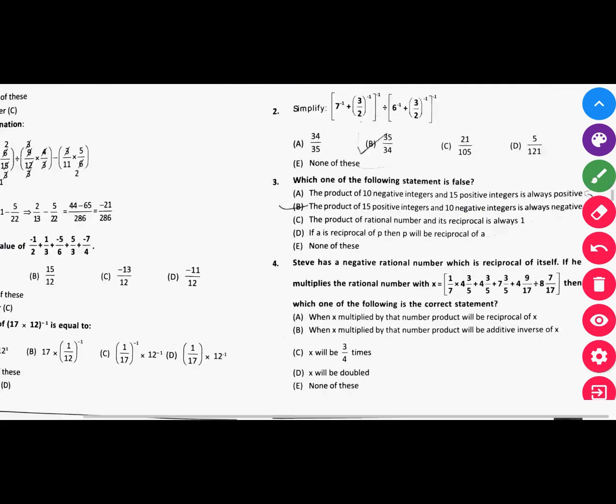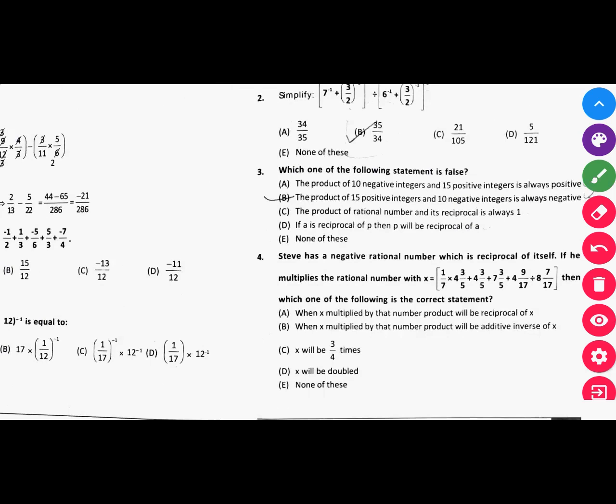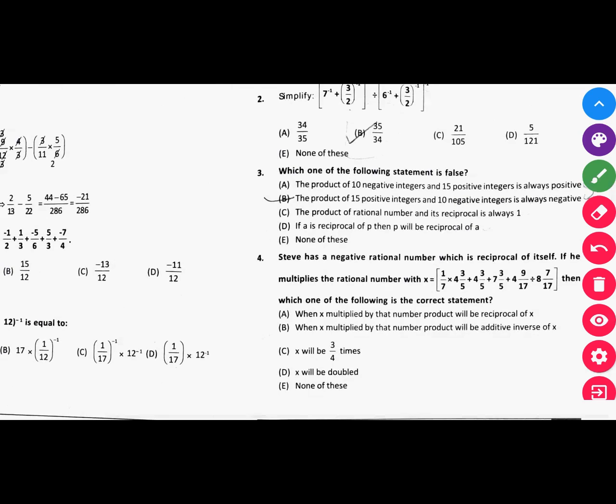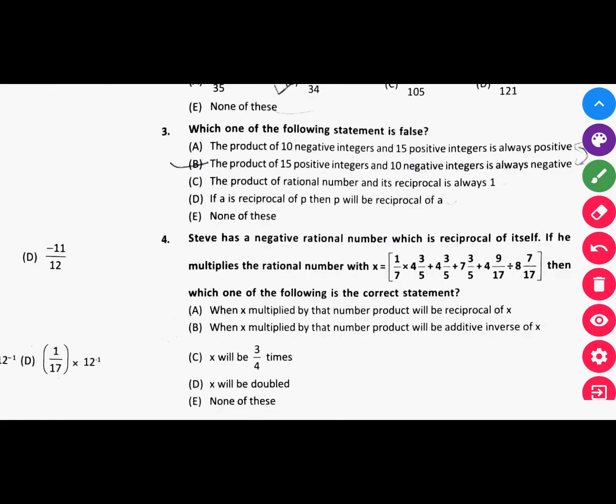Now the next question is, Steve has a negative rational number which is the reciprocal of itself. If he multiplies the rational number with x, then which one of the following statements is correct? When x is multiplied by that number, the product will be the reciprocal of x. When x is multiplied by that number, the product will be the additive inverse of x.